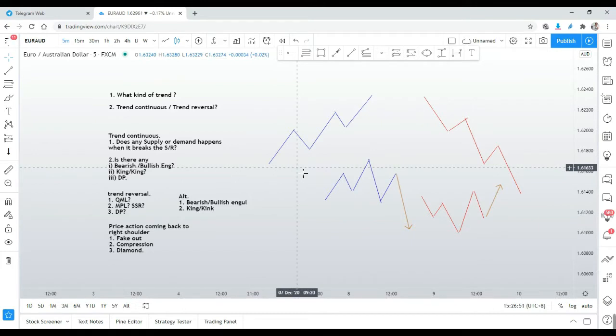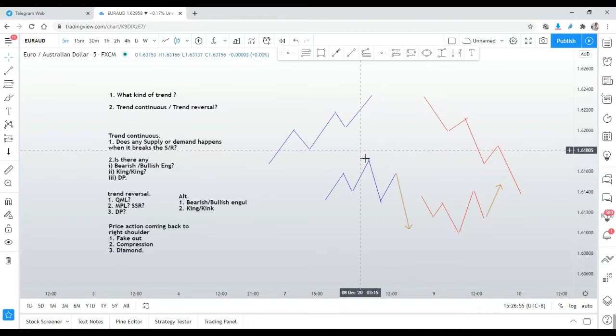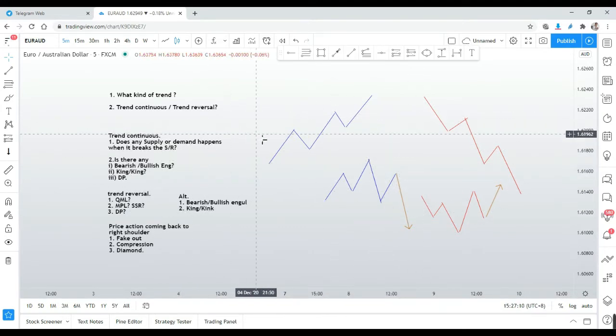If you're on the mid-trend, you are doing a trend continuation, whereas if you're at the end of the trend, you are doing trend reversal trading. You need to be clear about this.